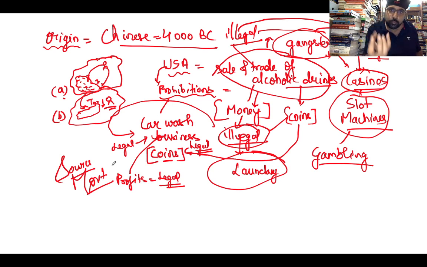And with the confluence of the two, all the money that eventually was taken out of the laundry business was legal wealth.